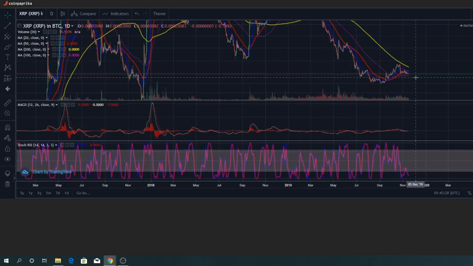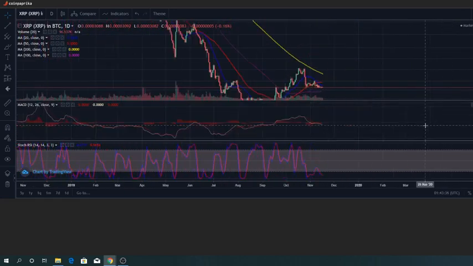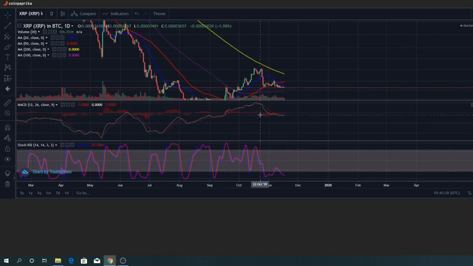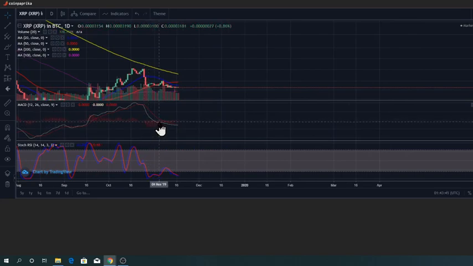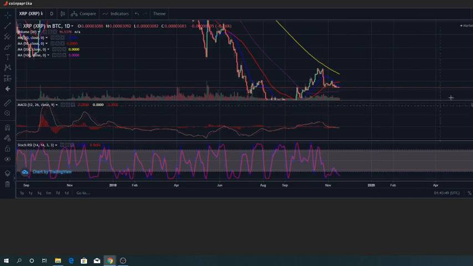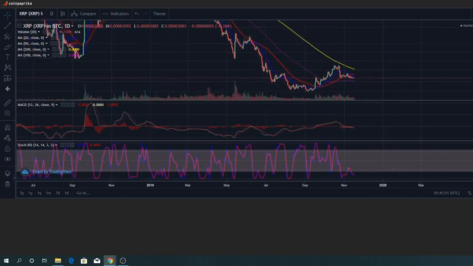Now it's correcting. Now it has the 100-day moving average as its support. And if you look at the MACD, you can see that the chances of an upside cross in daily XRP BTC is still there. And if you see that, it tried once, twice, 3, 4. So now it's going to be the 5th time the MACD is going to try to cross upside.